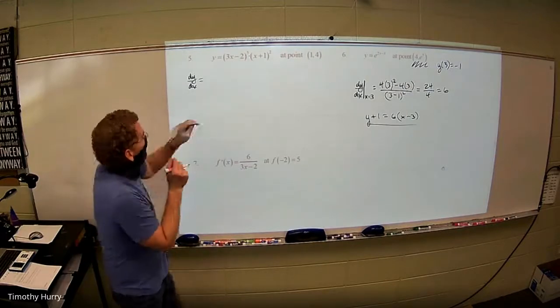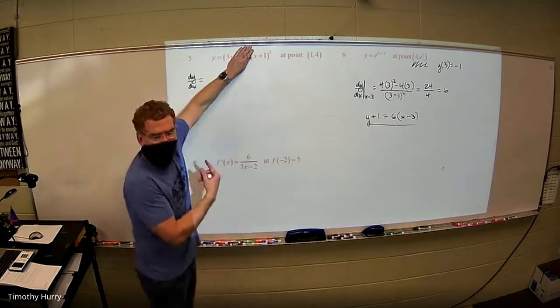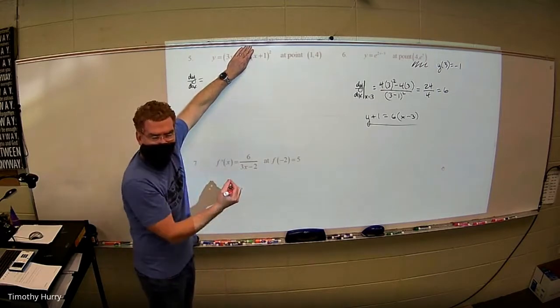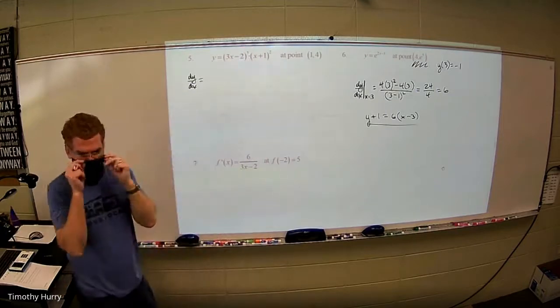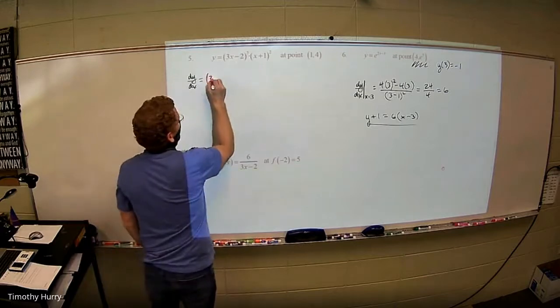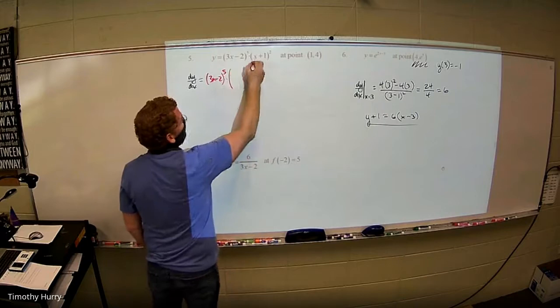Now, if this was just a constant out front, like 3 times that, you don't have to use it because there's no x with the 3. It's a constant, you could drop it down. But if there are variables with it, it becomes a product rule. So let's do the product rule: first, D second. Now, how do I do the derivative of that?